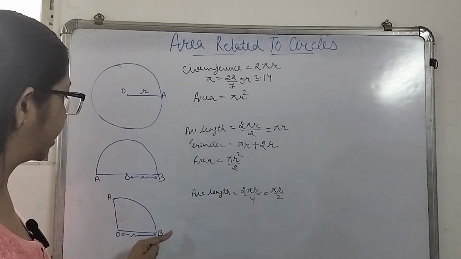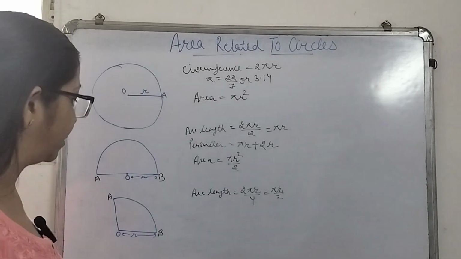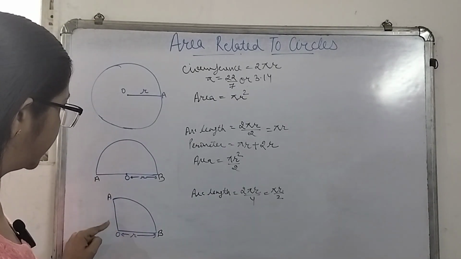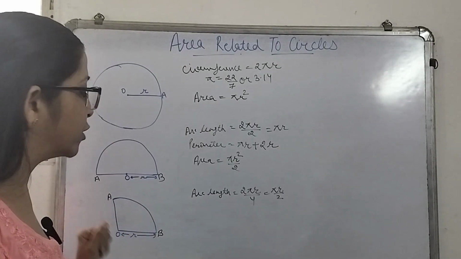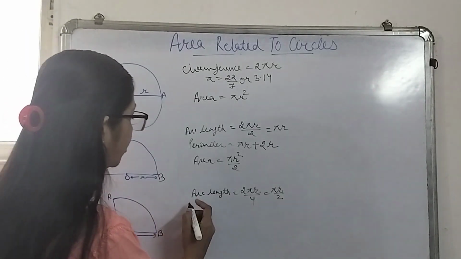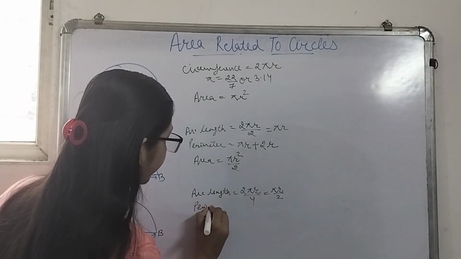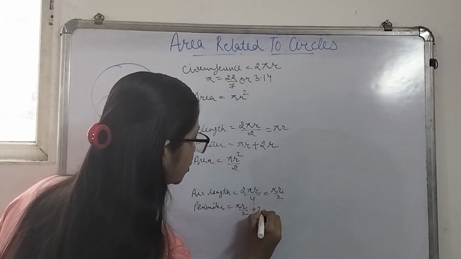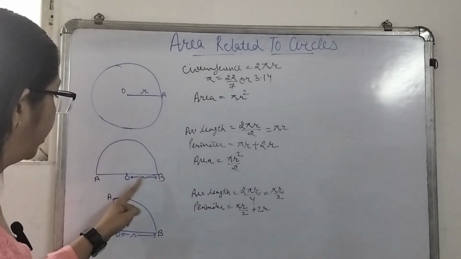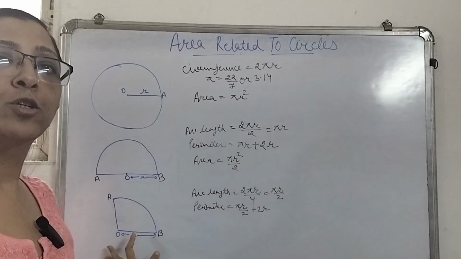Again for the perimeter, OA and OB will also be considered, and both are radii of the circle. So the perimeter of the quadrant will be the arc length, pi r by 2, plus 2 times r.